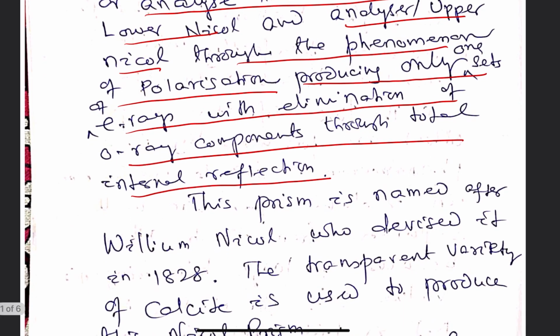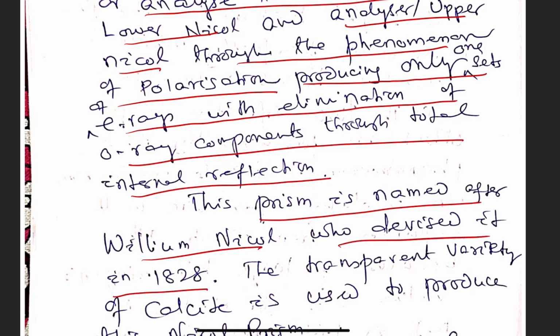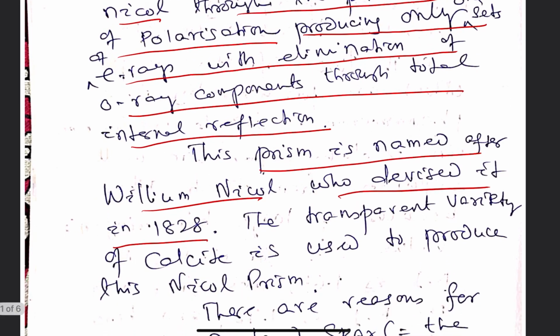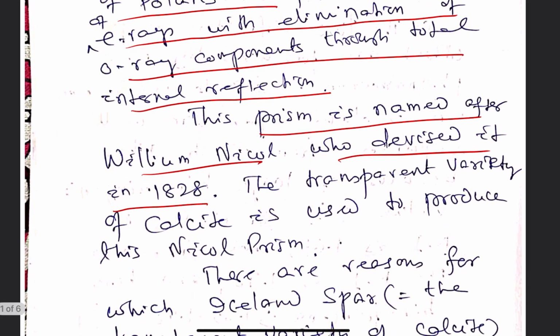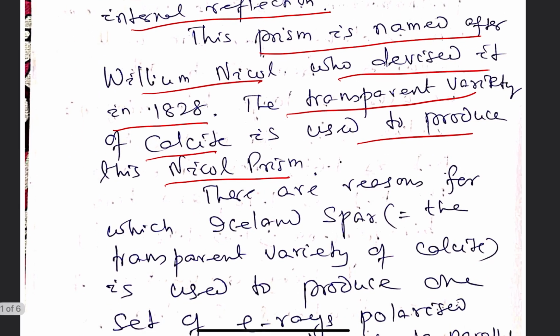So how it is prepared and why we make use of calcite, that we will discuss. This prism is named after William Nicol, who devised it in 1828. He was a physicist. He took the transparent variety of calcite, which is known as Iceland spar, to make this prism.